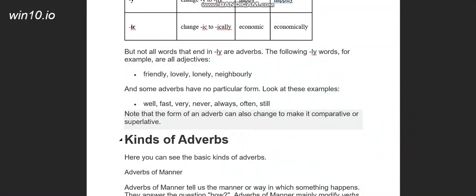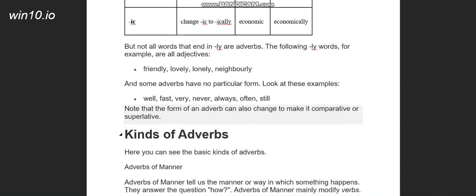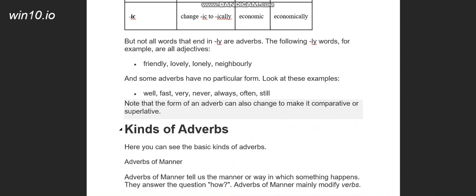Some adverbs have no particular form, like well, fast, very, never, always, often, still. Of course, like adjectives, adverbs can also be changed into comparative and superlative forms.